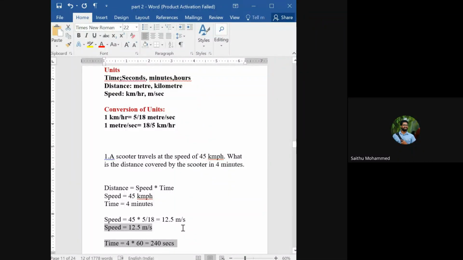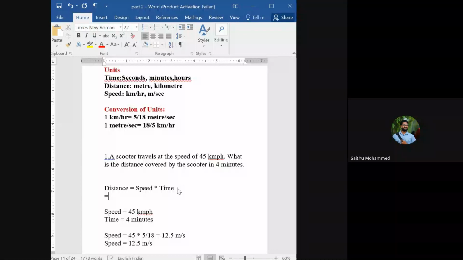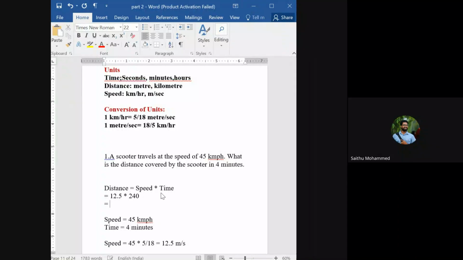So speed into time, if we are applying it here, speed is 12.5 and time is 240 seconds. 12.5 into 240 will be 3,000.